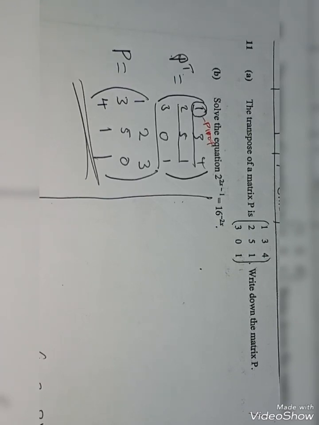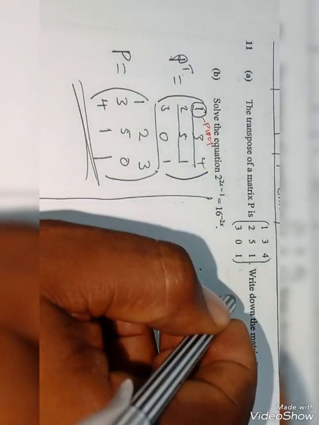Part B, solve the equation 2 to the power 2x minus 1 is equal to 16 to the power negative 2. So that is an equation involving indices. There are two criteria for equations that involve indices: when the variable is a power, or when the variable is a base.